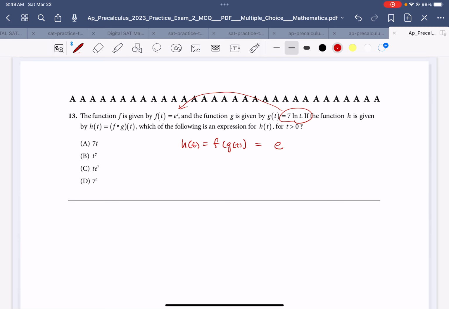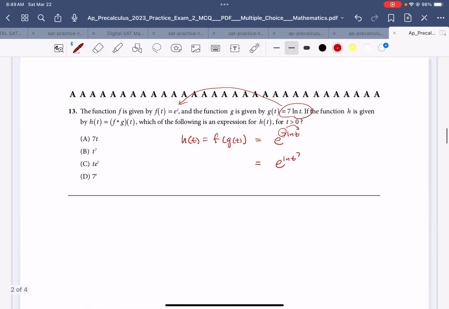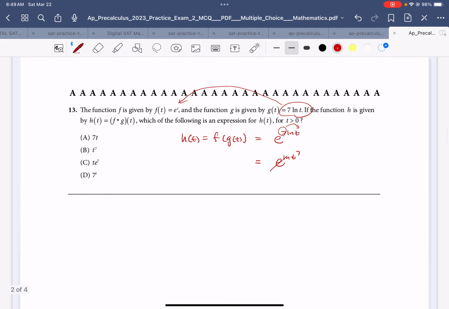So then e to the, instead of t, 7 ln t. Okay, that's the composite function f of g of t. Now next step, e to the ln t to the second power. Okay, this 7 you can bring up here. And then after that, e to the ln cancels out.